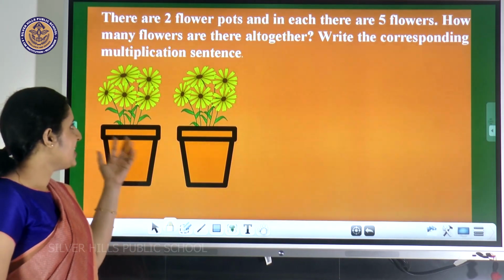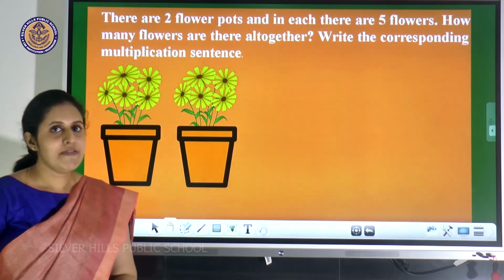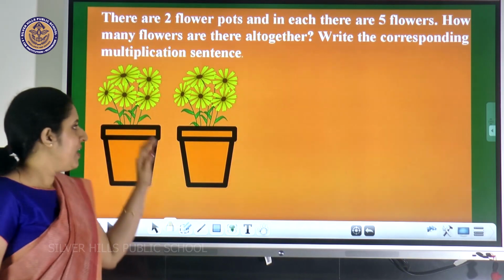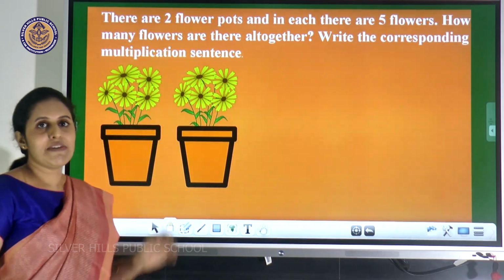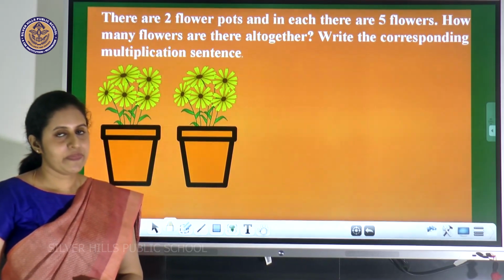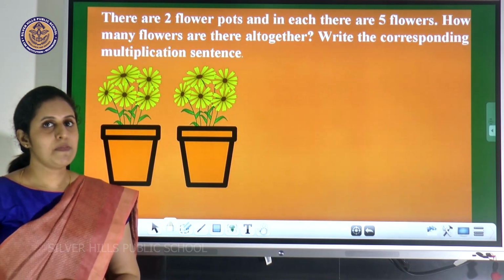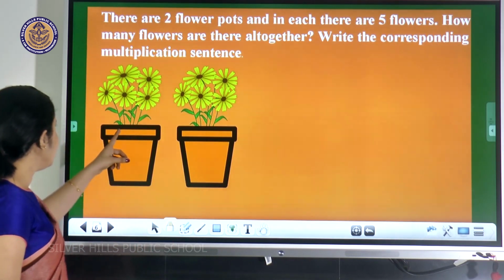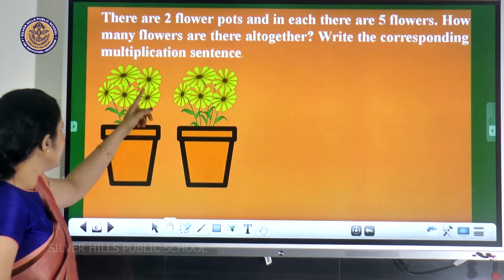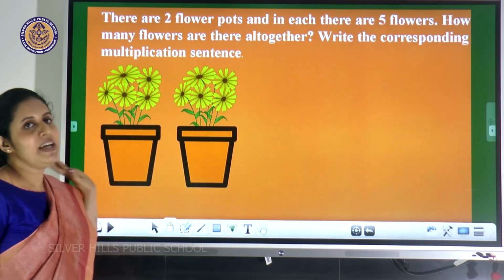As you can see in the picture, how many flower pots are there? 1, 2 flower pots are there. How many flowers are there in each of the flower pots? Let's see here. 1, 2, 3, 4, 5. Same here, 5.